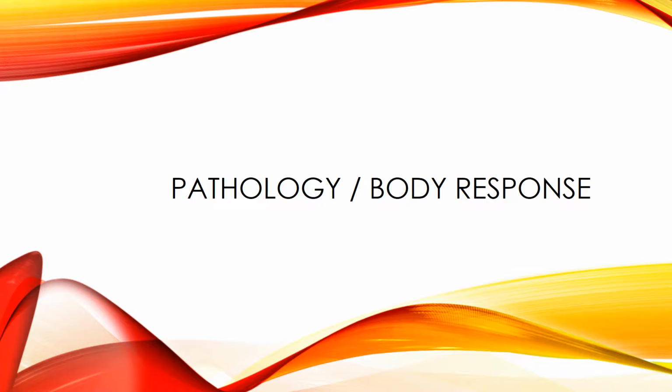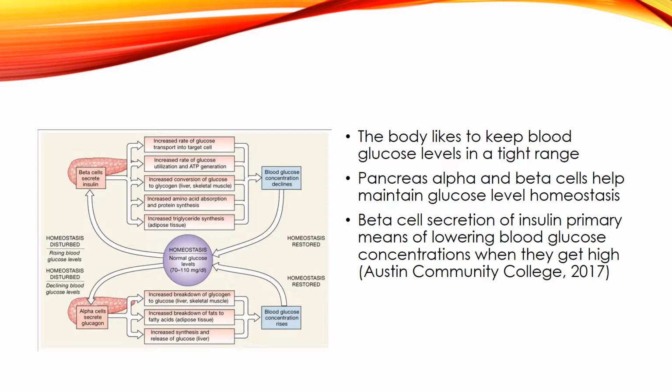Let's go into pathology and body's response. As with most physiologic processes, the body likes to maintain homeostasis. In regards to blood glucose levels, the body likes to maintain them between 70 and 110. Alpha and beta cells of the pancreas help maintain glucose levels within this range.